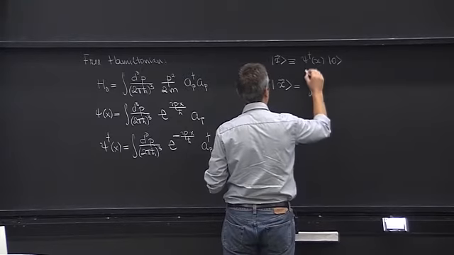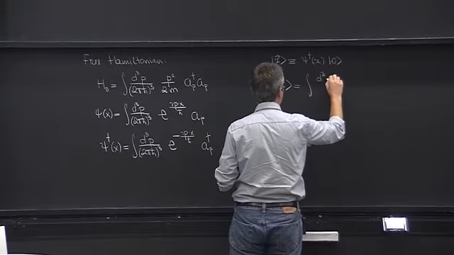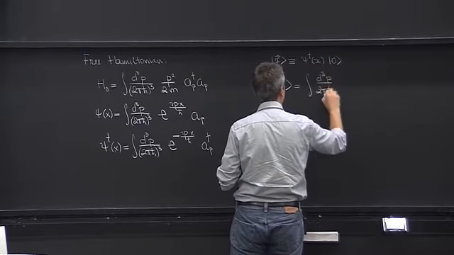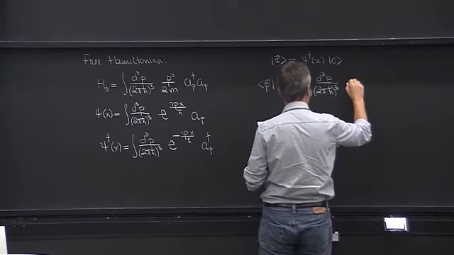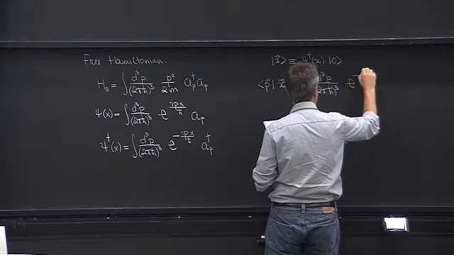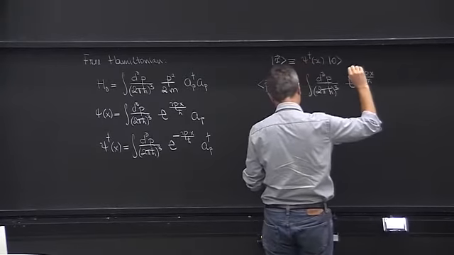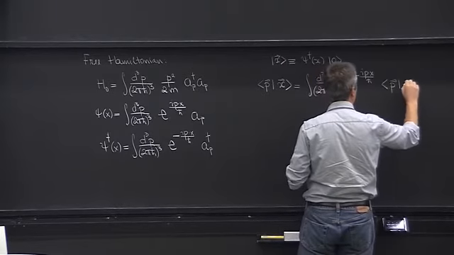We introduced psi dagger as a Fourier transform of the annihilation operator, and then we have a matrix element of this form.